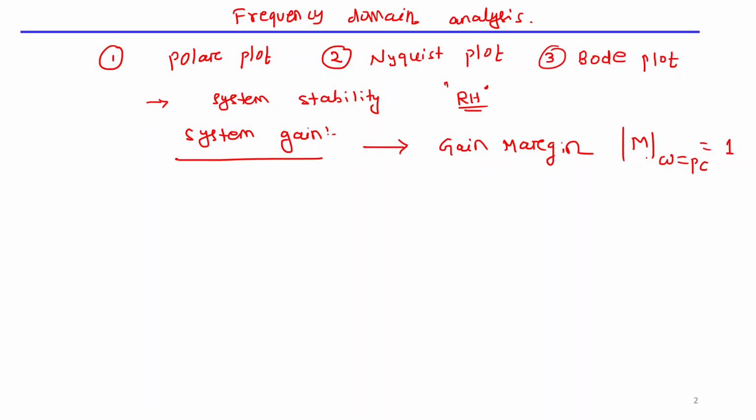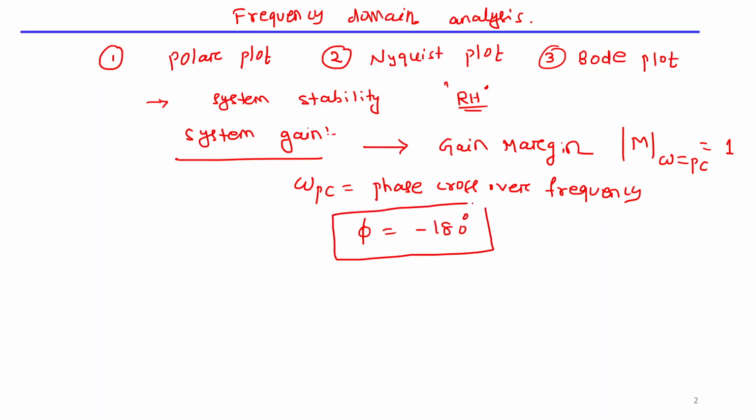If you do a polar plot, a Bode plot or a Nyquist plot, then from that plot you need to identify the value of omega PC, the phase crossover frequency. Phase crossover is the frequency at which the phase of the system equals 180 degree, or minus 180 degree.